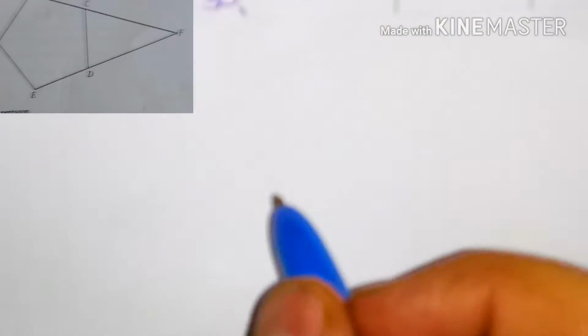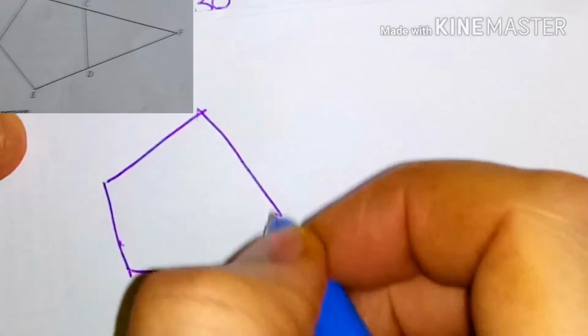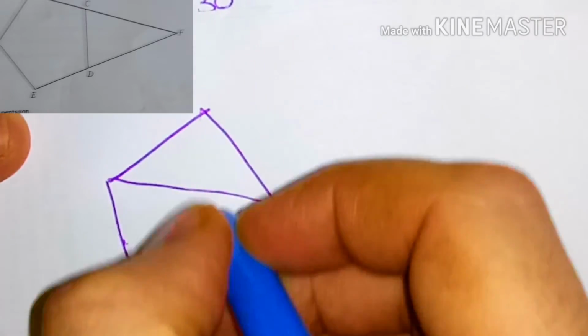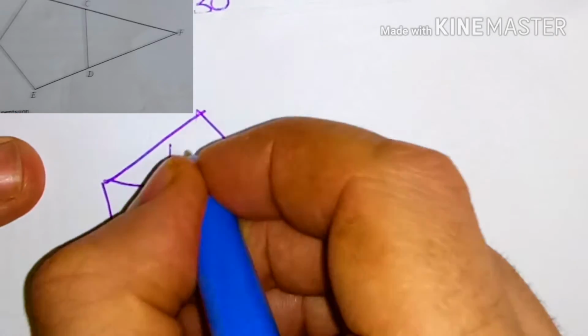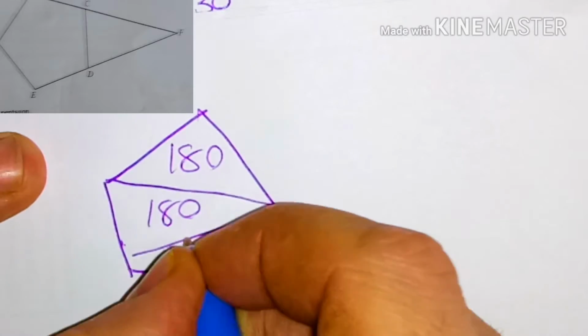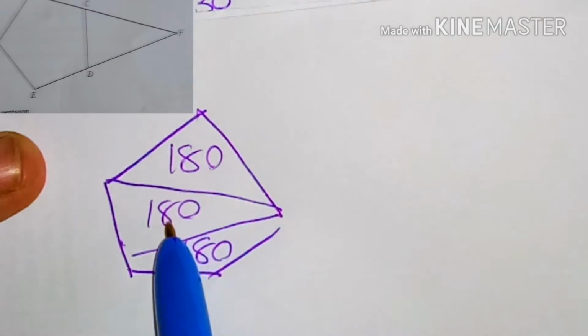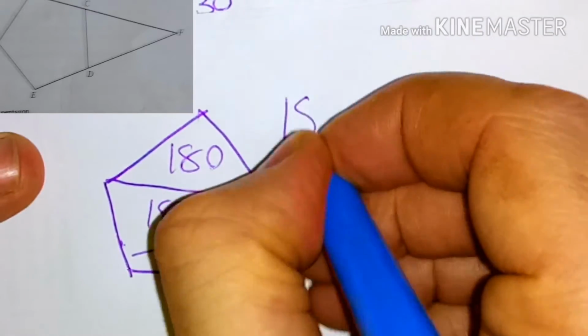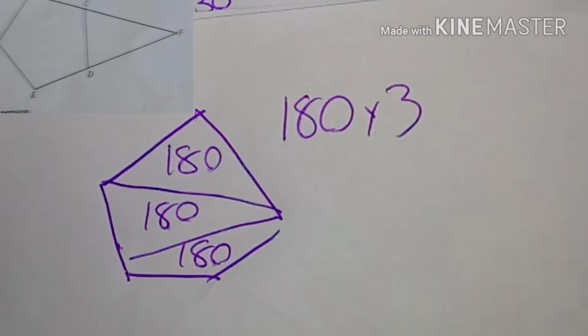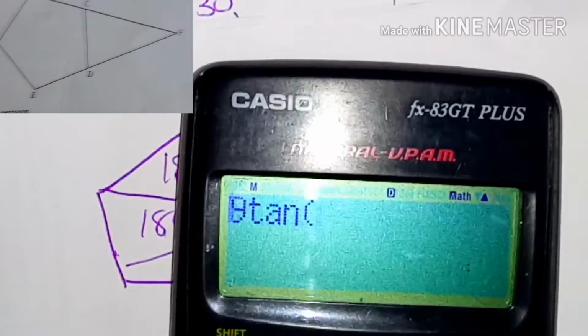The other way we can do this, and this is my most favourite, is if we draw any pentagon. I choose a corner and split it up into triangles. I know the sum of one triangle is 180 degrees. So 180 plus 180 plus 180 is the same as 180 times 3, which equals 540.